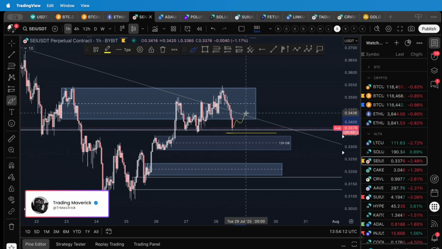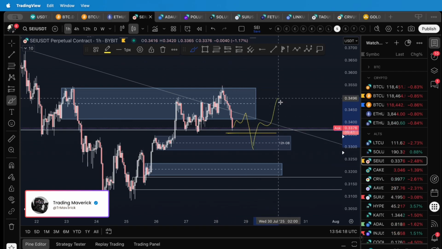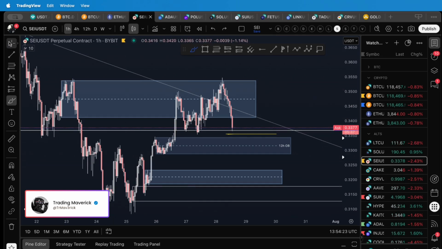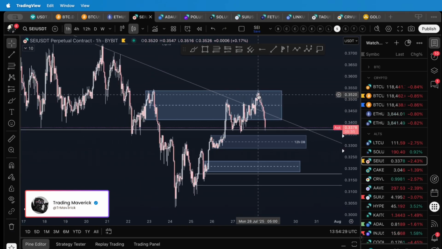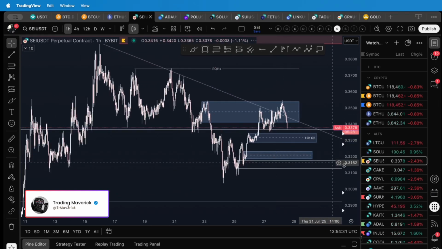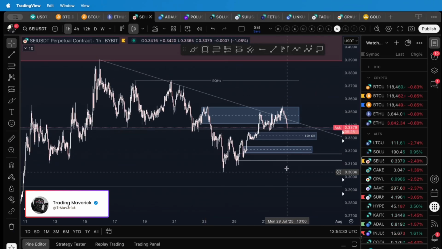I'd like price to pump up, sweep the low, open a long in the H12 OB, and then look for a move higher. Because honestly, Say looks probably one of the best charts on my watch list for higher.